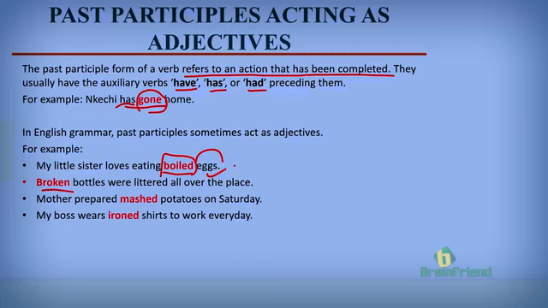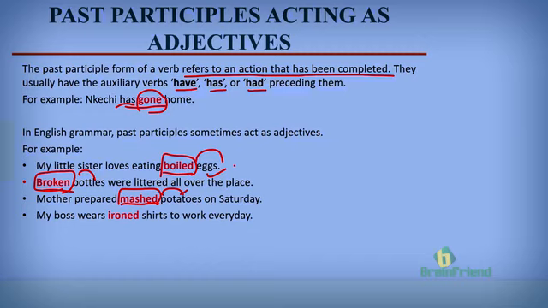Broken bottles were littered all over the place. Broken is a past participle verb which functions as an adjective by describing the noun bottles, broken bottles. Mother prepared mashed potatoes on Saturday. Mashed is a past participle verb that describes the noun potatoes, so it also acts as an adjective.